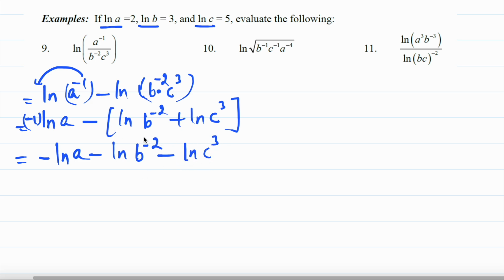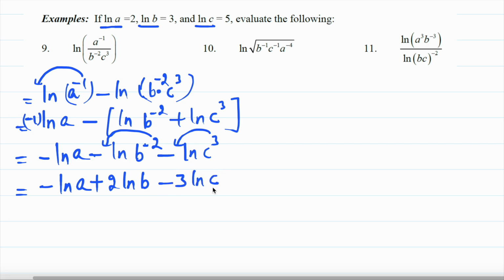Now in the next step I will use the third property, bringing this negative 2 to the front and the 3 to the front. So I will have negative natural log a, and this negative and this negative will become positive 2 natural log b, and then negative 3 natural log c.